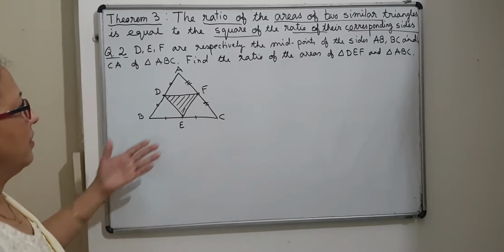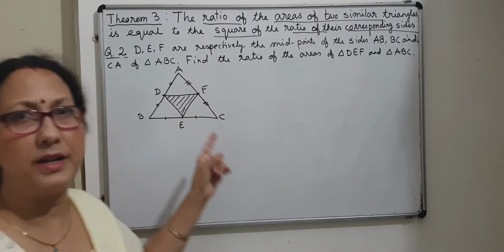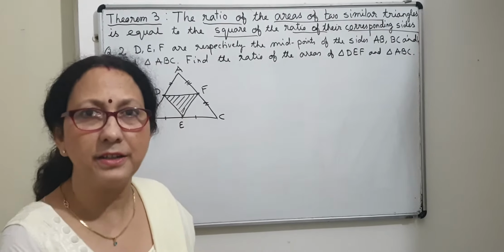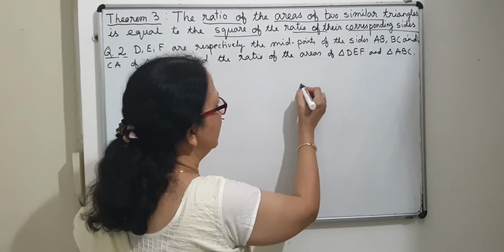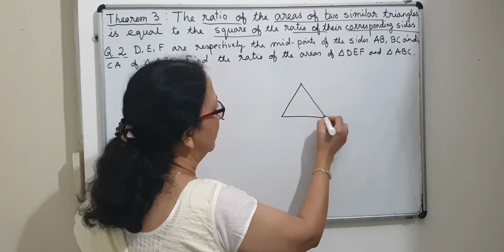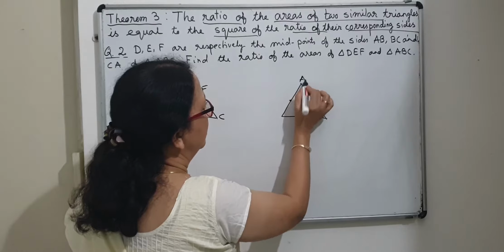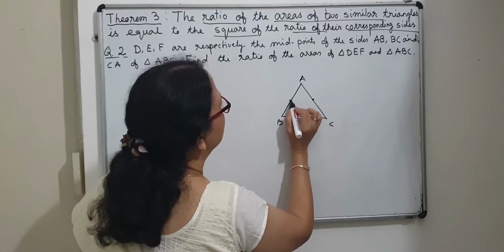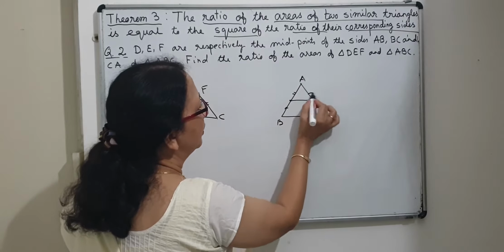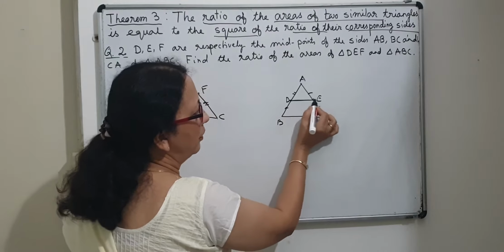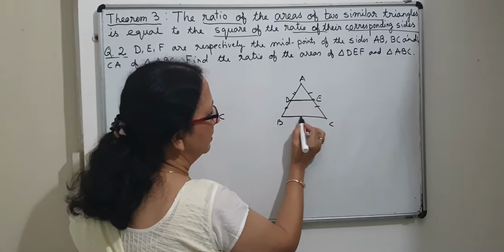Now here, since midpoints of sides are given, obviously we'll be using the midpoint theorem that you have learned in 9th class. What is the midpoint theorem? In a triangle ABC, if D and E are the midpoints, as you know very well, then the line segment joining the midpoints is half the third side.